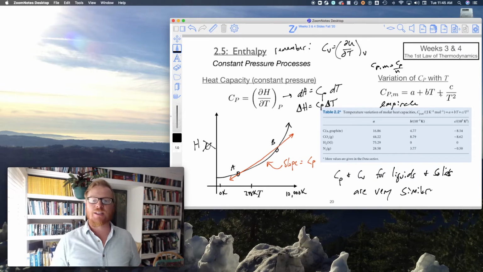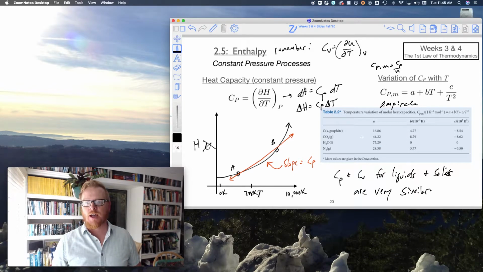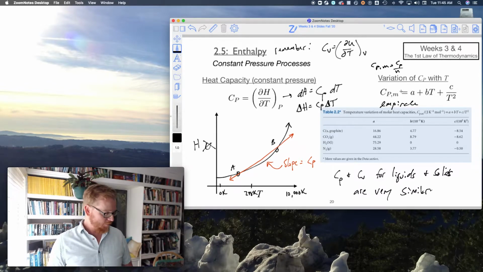This allows us to calculate CP with variations in temperature. So if we wanted to expand CP over this really wide range, we can look up these values. There are lots of these values for a given liquid, solid, or gas, and we'll play with this relationship more in the computer lab activity.